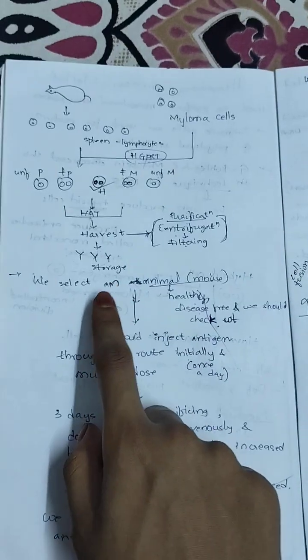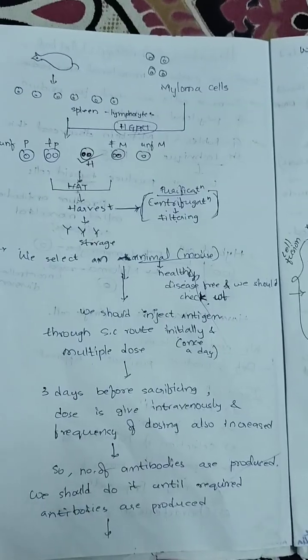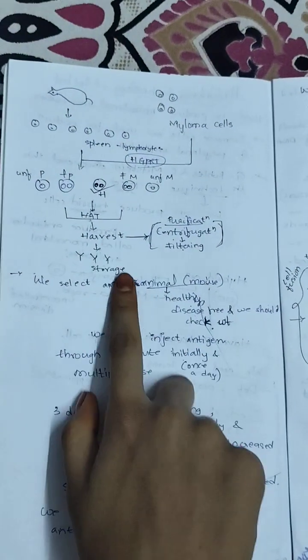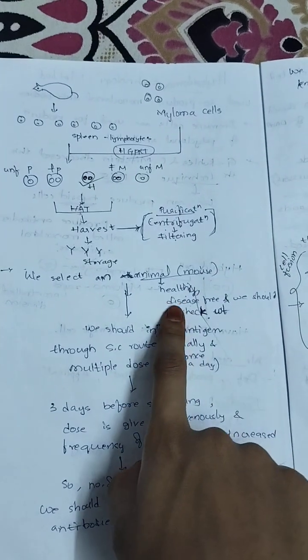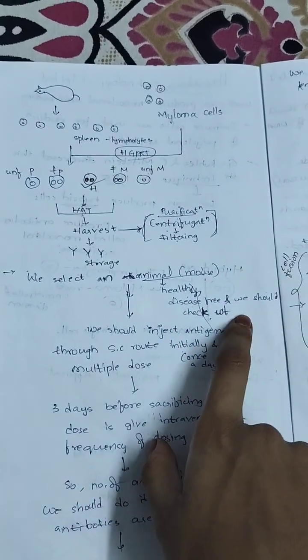So the immunization technique involves the following steps. Firstly, we select an animal, that is a mouse, which should be healthy, disease free, and we should check its weight.